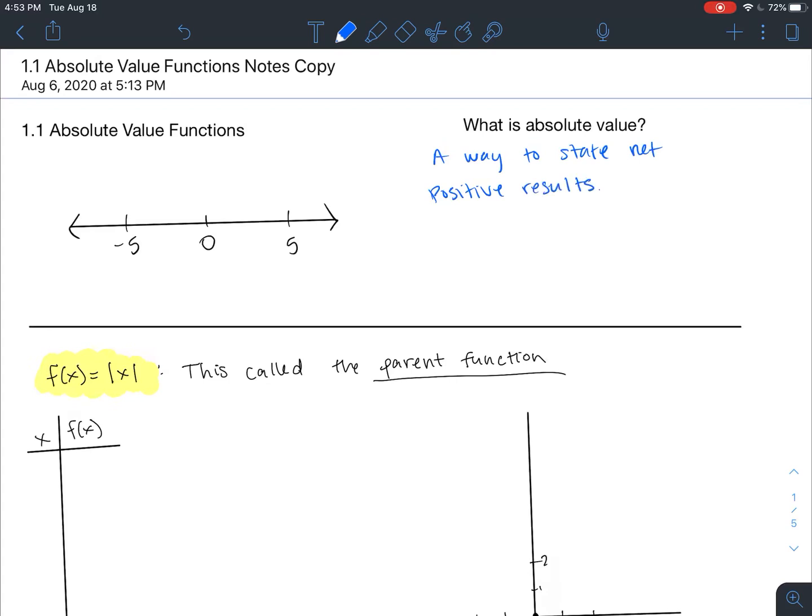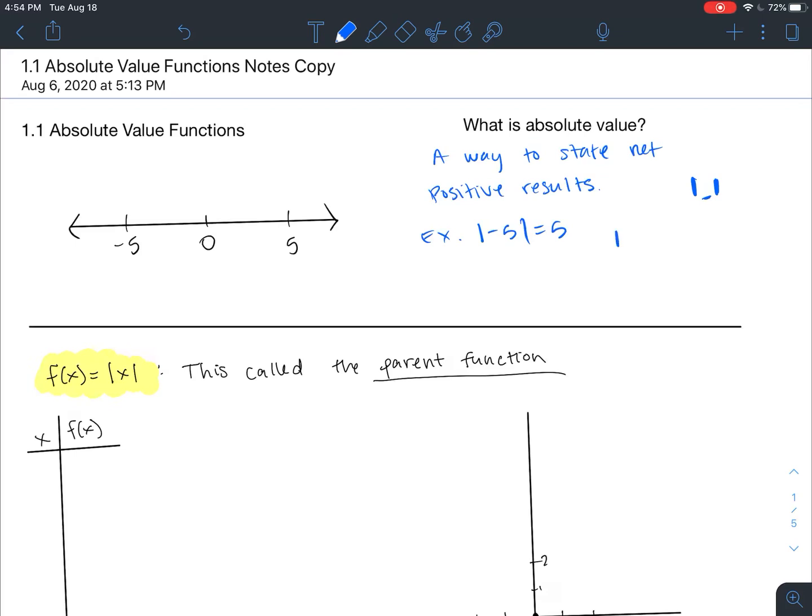Alright, so what an absolute value is going to look like is you're going to see two lines and a value in between those two lines. So for an example, let's say I ask for the absolute value of negative 5. Well, the absolute value of negative 5 is equal to 5. It's equal to the positive number of whatever value that is.